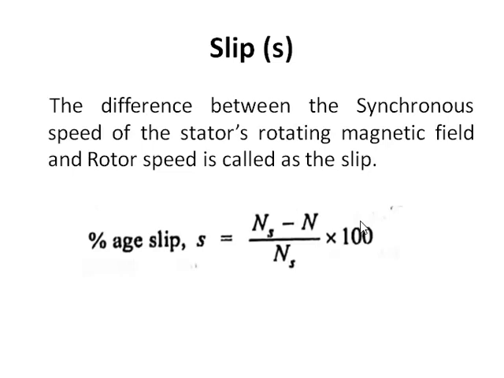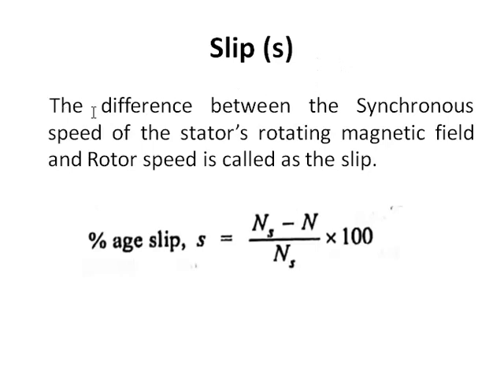When its speed becomes the same as the rotating magnetic field. When both speeds become the same, the conductors will not cut any magnetic flux, and current will become zero. But that is not the case. The rotor will always try to catch up with the synchronous speed, but it will not be able to. It will always lag by some magnitude, and that is called slip.